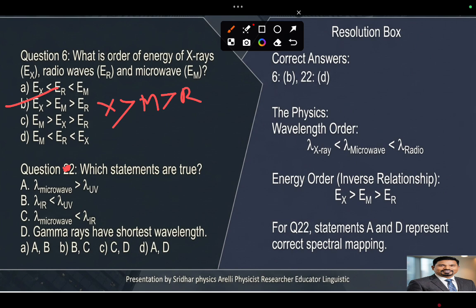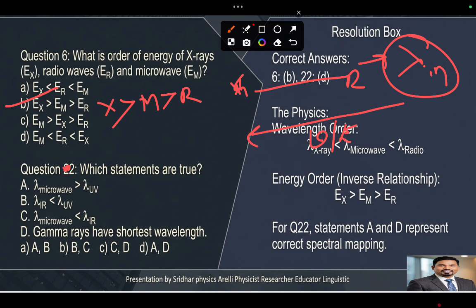When gamma to radio waves, wavelength is increasing, and in reverse frequency and energy are increasing. Our topic is related only to wavelength, so we shift to the wavelength concept. So which statements are true?